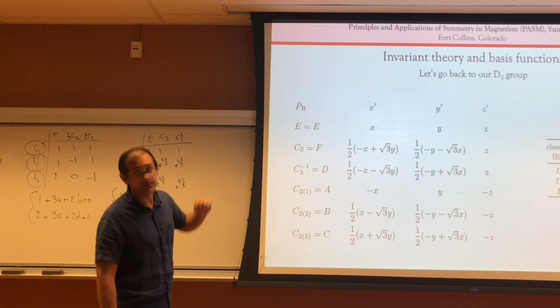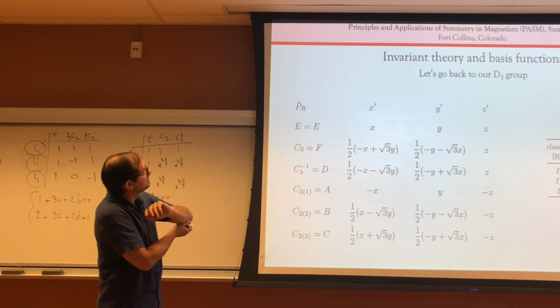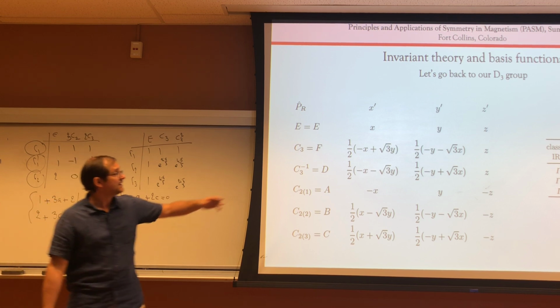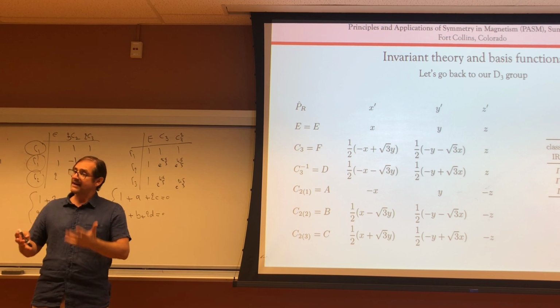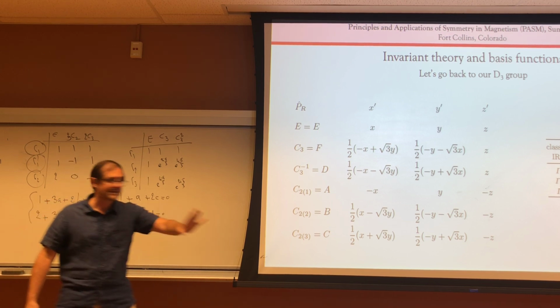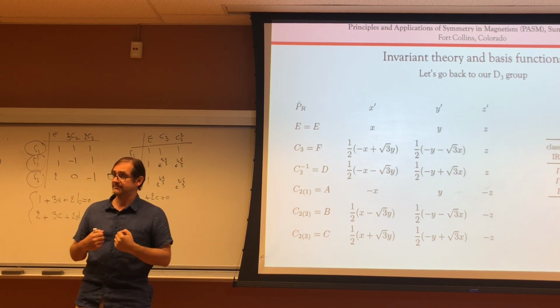I'm taking my D3 group, favorite one. And I'm going to take XYZ and see how XYZ transform under those different transformations. So I need to set a frame. As I said, the matrix representation is not unique, but at this stage, I don't care.